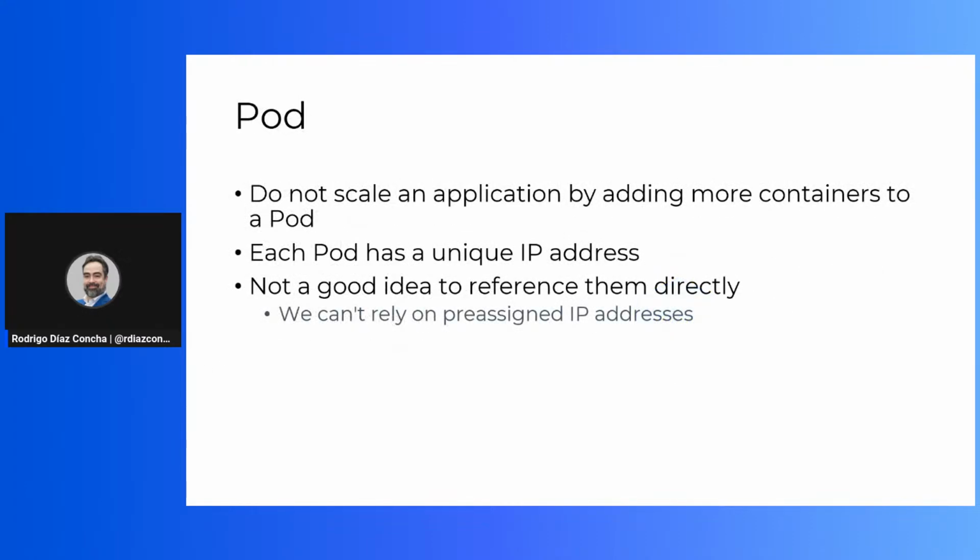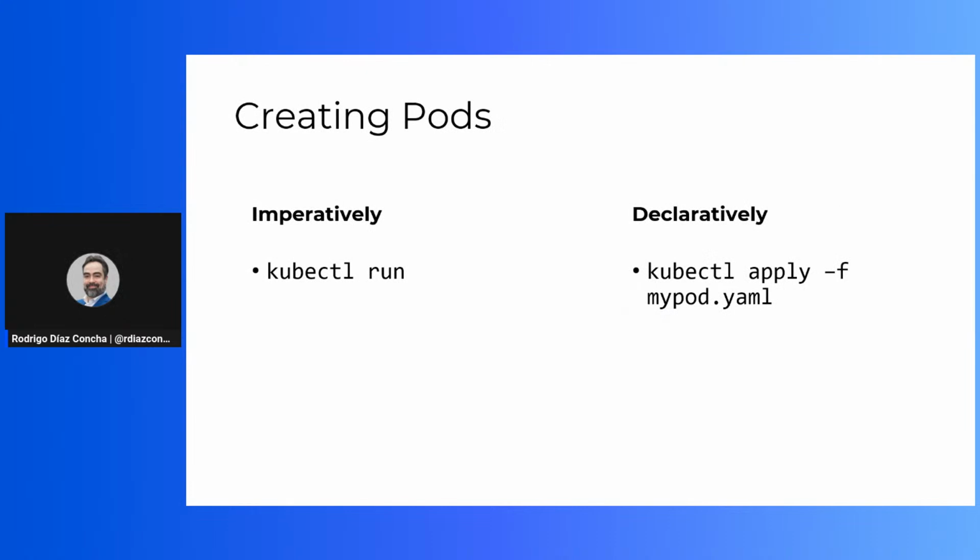So pod, again, a pod can have more than one container, okay? But you don't actually scale an application just by adding more containers to a single pod. You don't do that, okay? You actually create more replicas in your cluster, okay? So that's what we do.